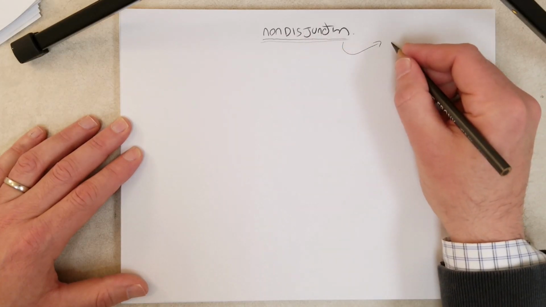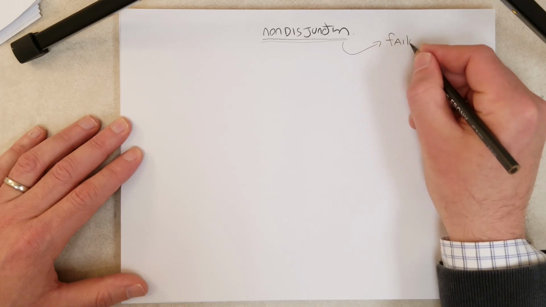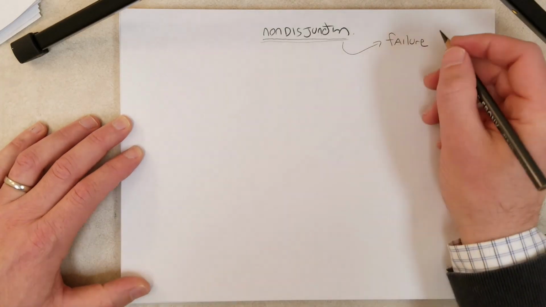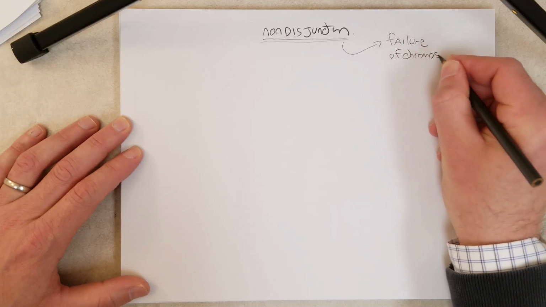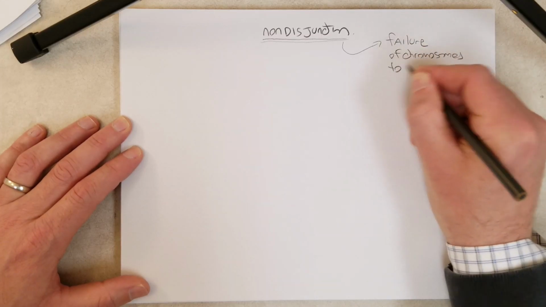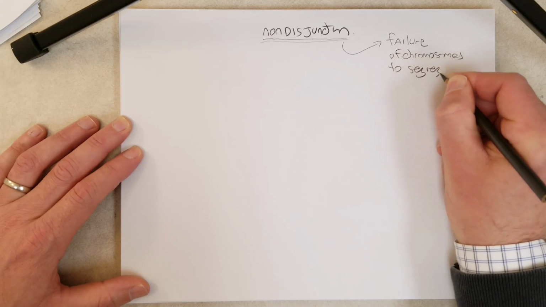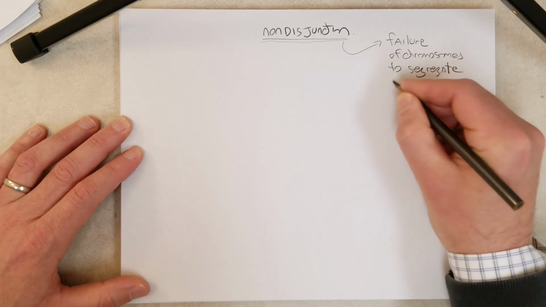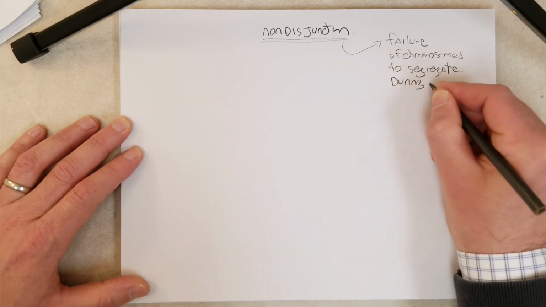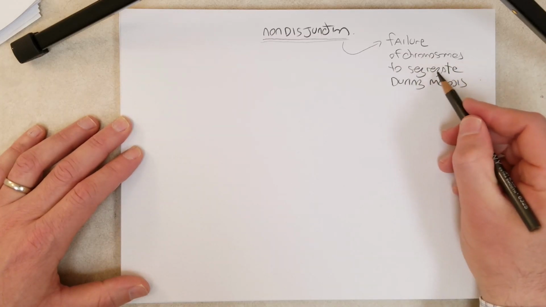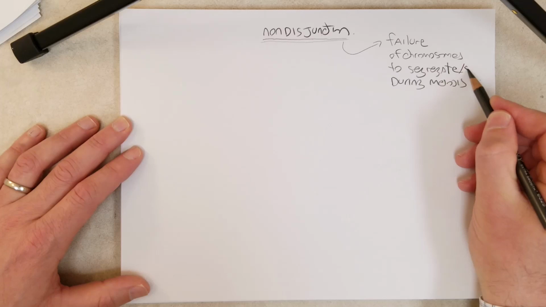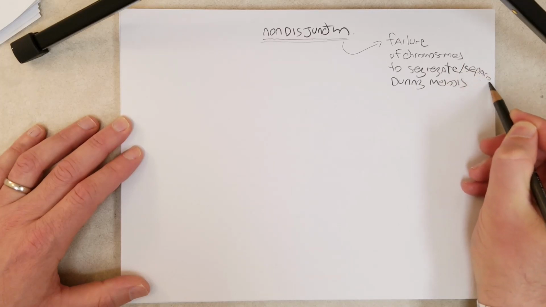So non-disjunction is failure of chromosomes to segregate during meiosis. Segregate, maybe separate. I might like separate better here.